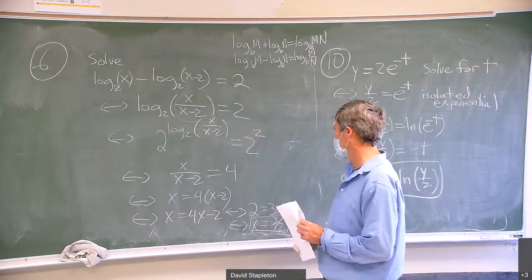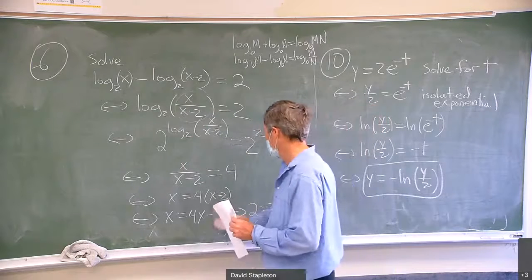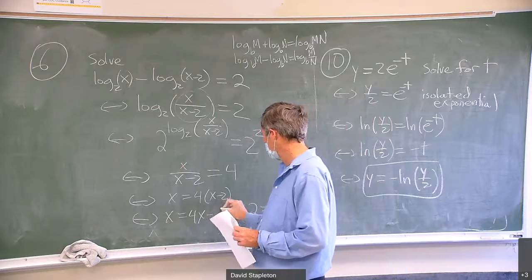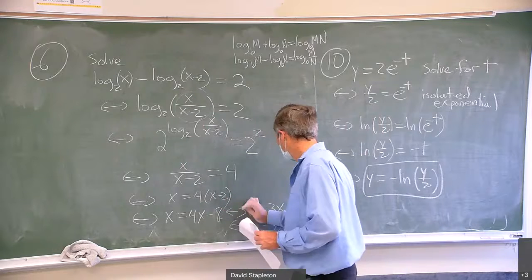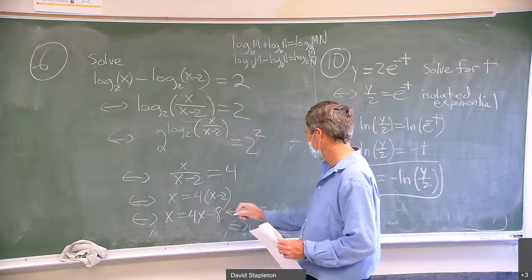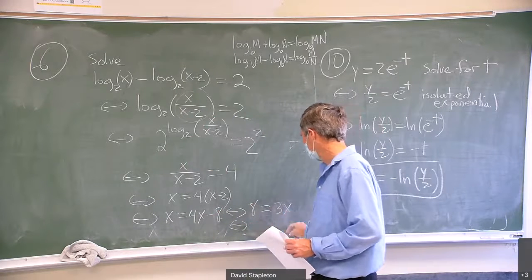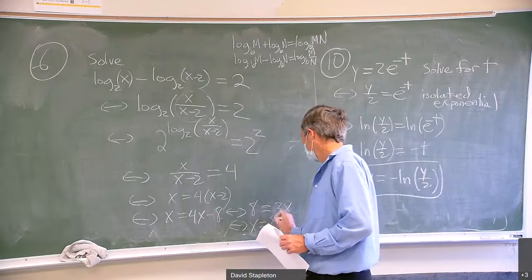Let's see. I messed this up. Here we go. There it is. 4x minus 8. Sorry about that. So add 8 over and 8 equals 3x. x equals 8.